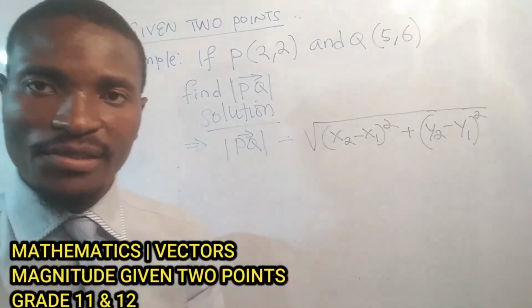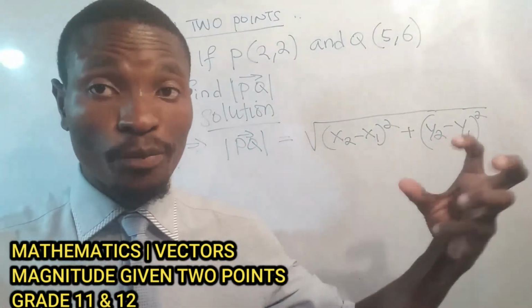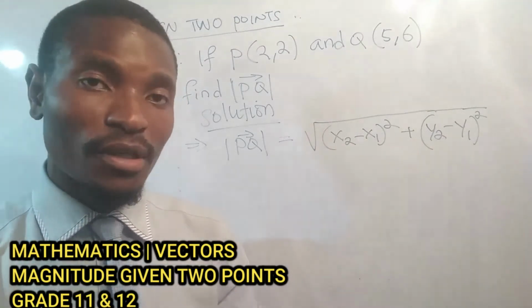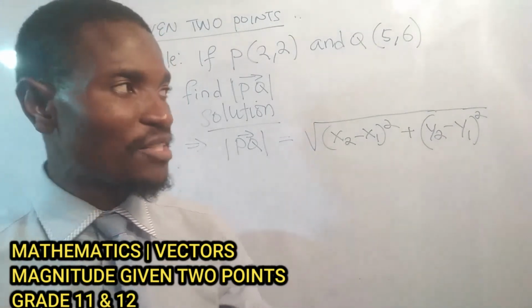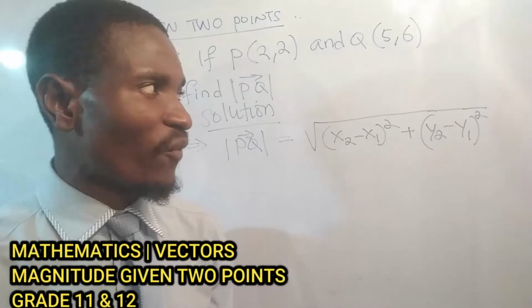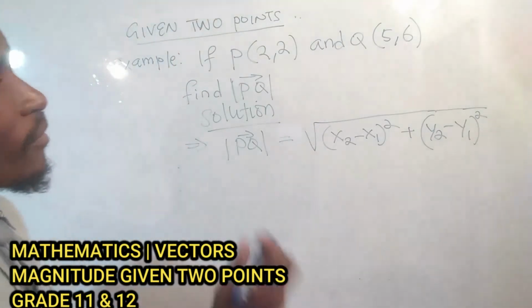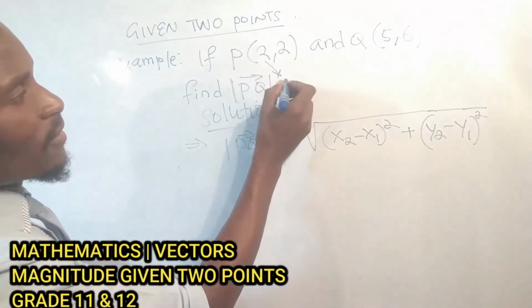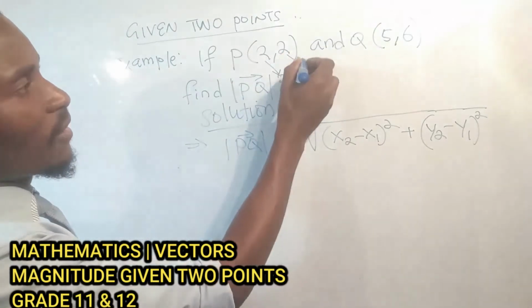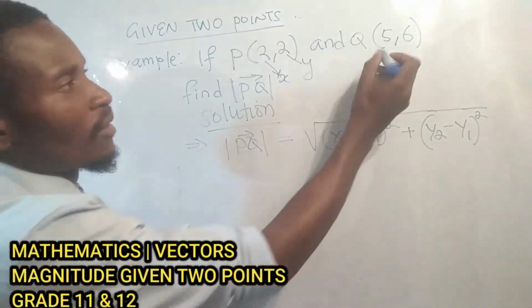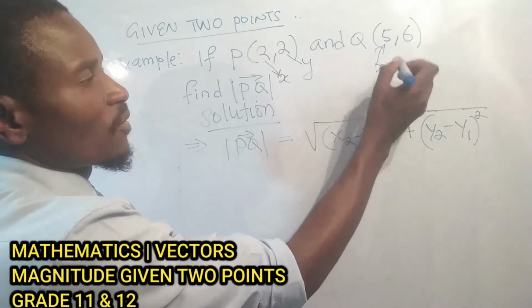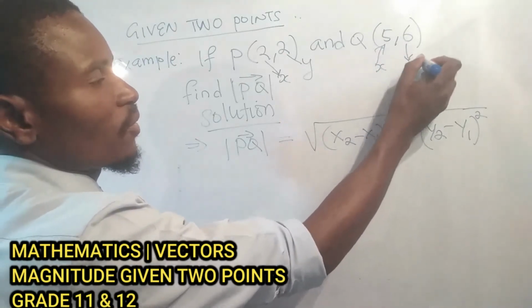Okay, so this is the formula when you're given two pairs of points on the graph paper. The formula is an extension, just a little bit longer, which is just the same, of course. This number is x, and that number is y, and this number is also x, and this number is also y.